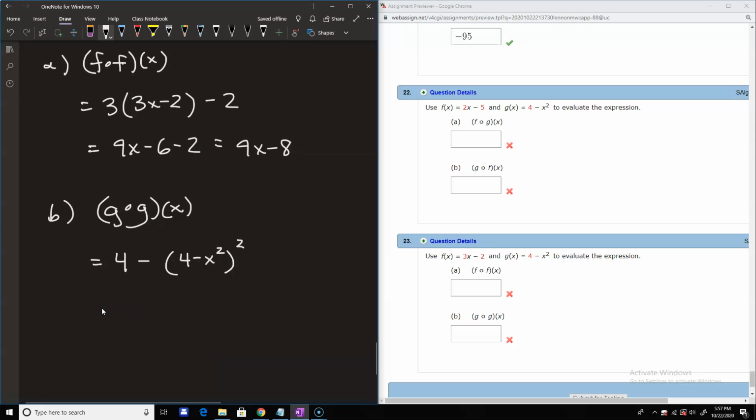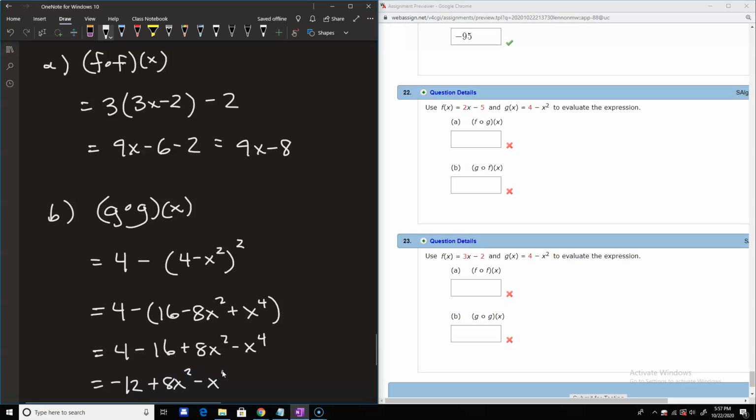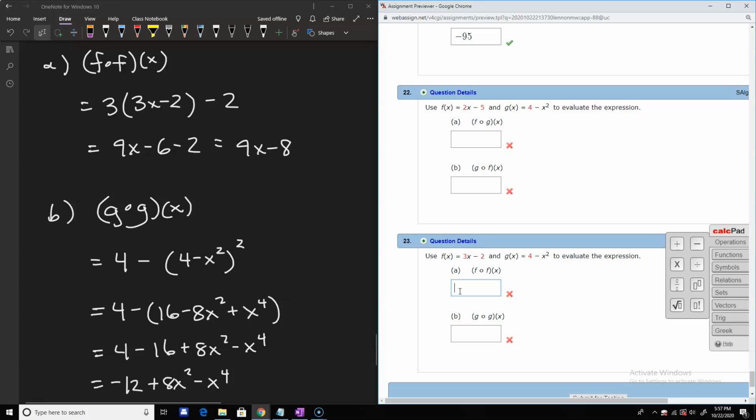And again, you could FOIL this out if you want. 4 minus x squared squared would give us 16 minus 8x squared plus x to the 4th. And then we would distribute that negative, so 4 minus 16 plus 8x squared minus x to the 4th. So this would give us minus 12 plus 8x squared minus x to the 4th. Again, to do this second line, I'm writing out 4 minus x squared times 4 minus x squared and foiling out that product. You can't go ahead and just try and distribute the exponent or something like that.